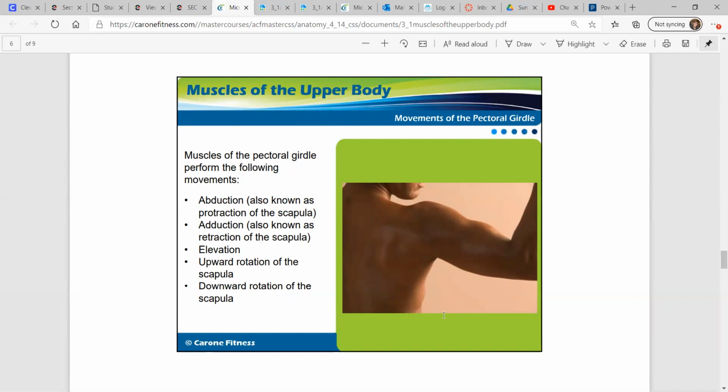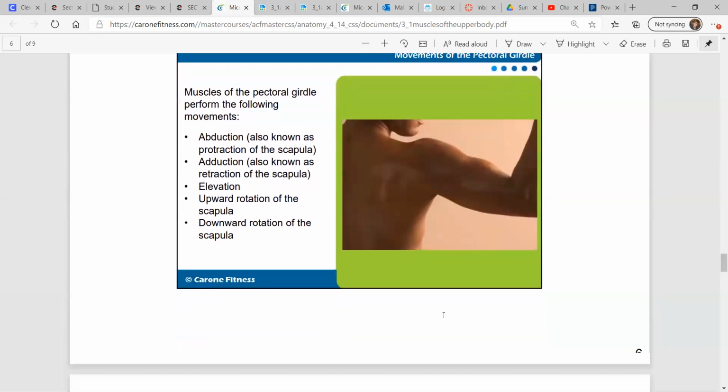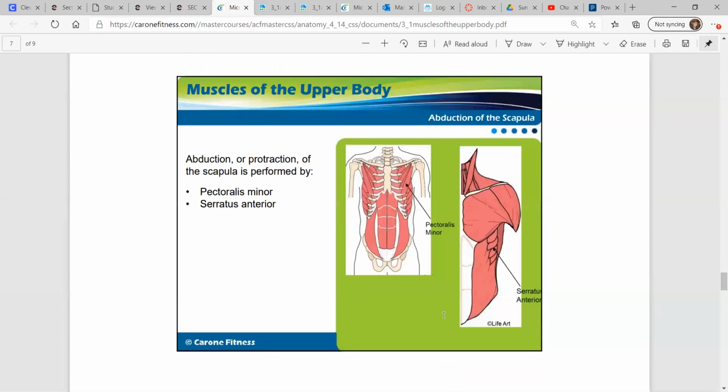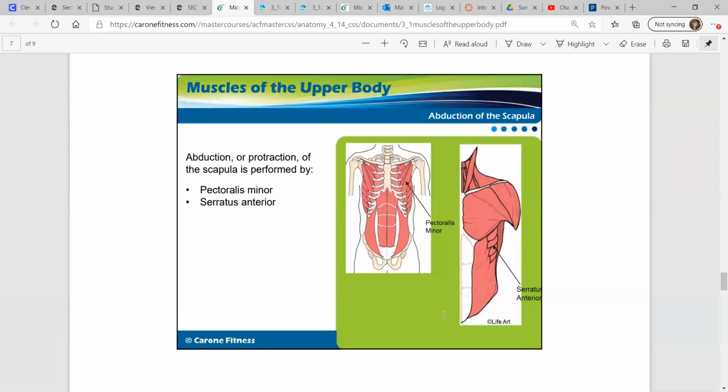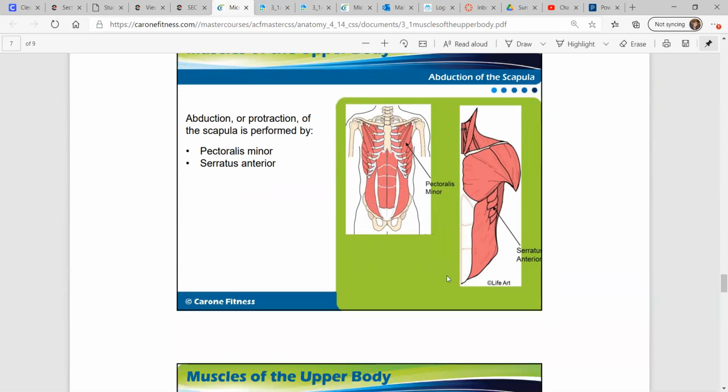So if the scapula is moving, you're using your muscles in the pectoral girdle. Abduction or protraction of the scapula is performed by the pectoralis minor and the serratus anterior. So these two muscles will protract the scapula.